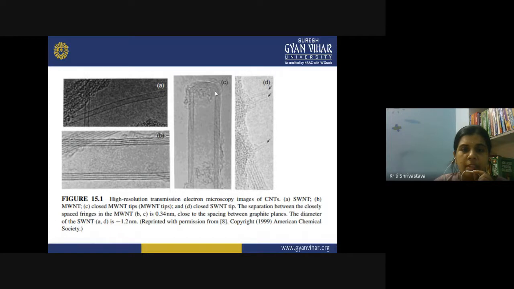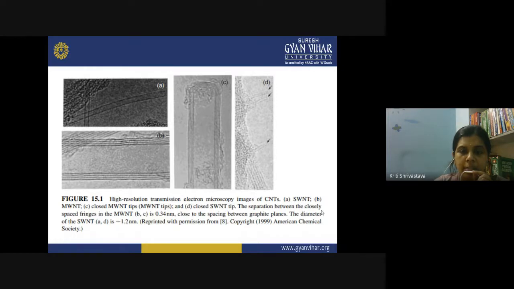This is the tip of the nanotube, which is closed. It could be open as well, but this is closed. And D is again the closed single-walled nanotube tip. Here you can see only one pipe-like structure, and it is closed at the end.